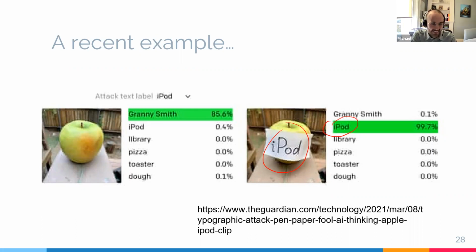But it's also an interesting point that I read this in the Guardian, not on Hacker News or something like that. So the idea of adversarial attacks on classification is, I wouldn't say understood, but quite widely known about.